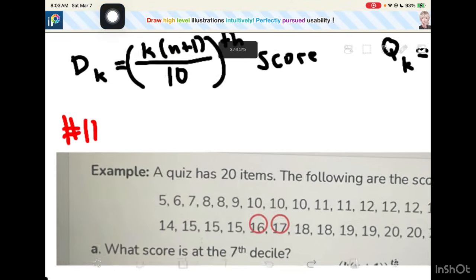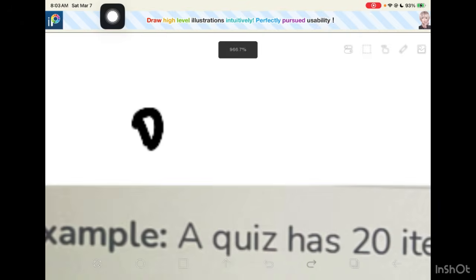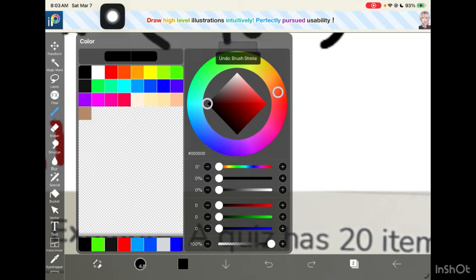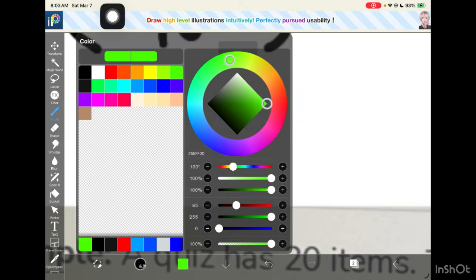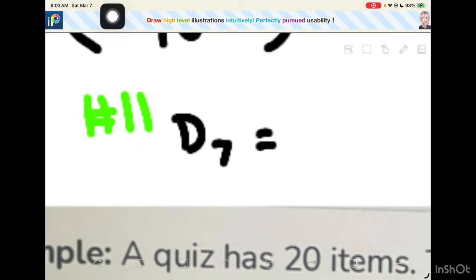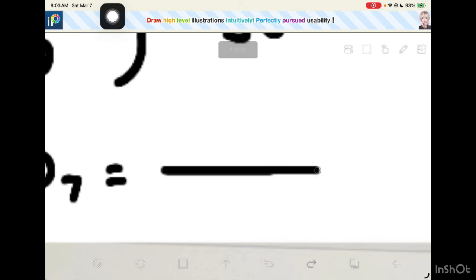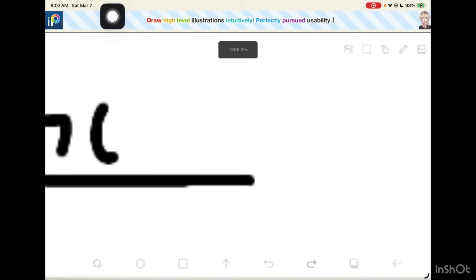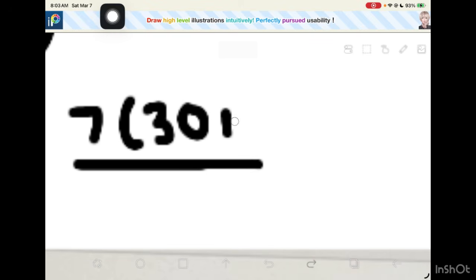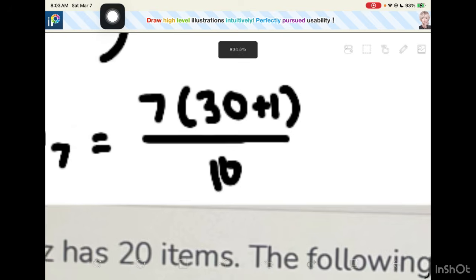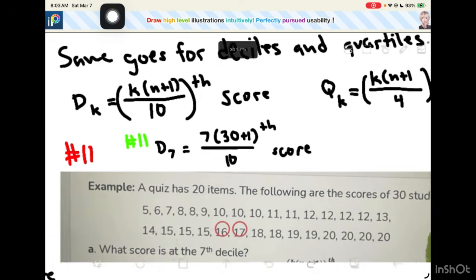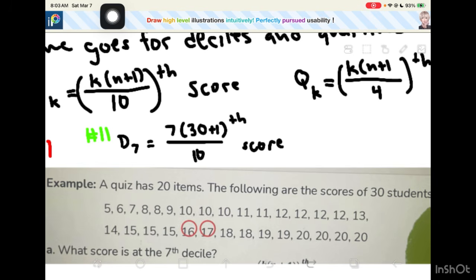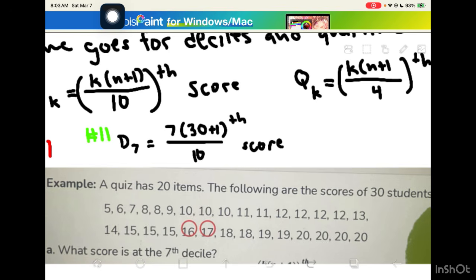So we need to do D of 7. D of 7 is equal to 7 times 30 plus 1 over 10th score, which will simplify to 7 times 31 over 10.